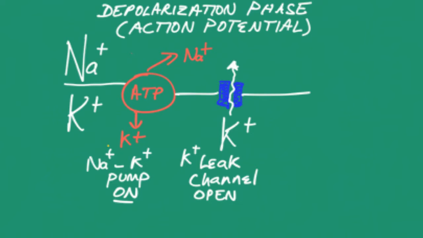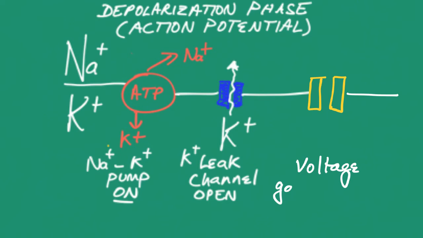When an impulse arrives at the axon, another channel is open. We call this channel the voltage-gated sodium channel. So let's write that down. Voltage-gated sodium channel. This is a very special channel that opens only when there is an impulse that arrives at the axon.